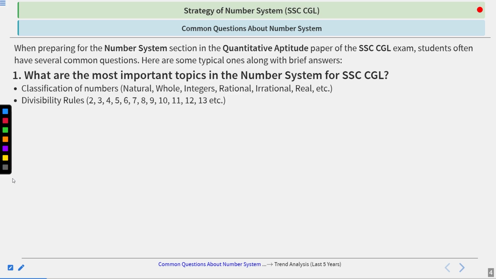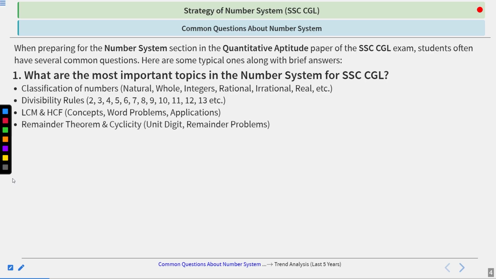Second one is divisibility rules, which are important in the SSC CGL exam. HCF LCM concept, word problems, application based. Remainder theorem based questions, cyclicity of numbers based questions, unit digit based questions. Fraction and decimal, simplification and comparison based questions.